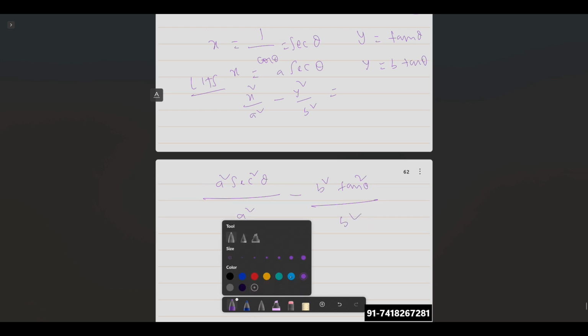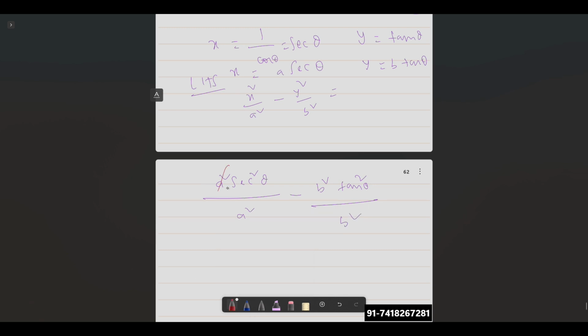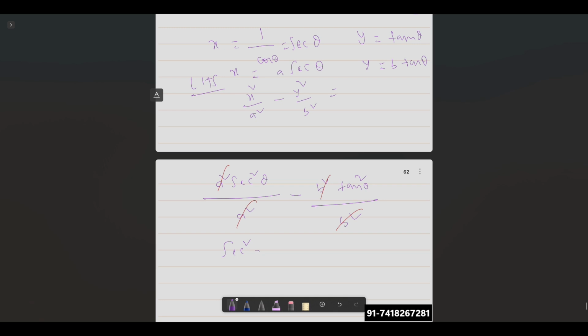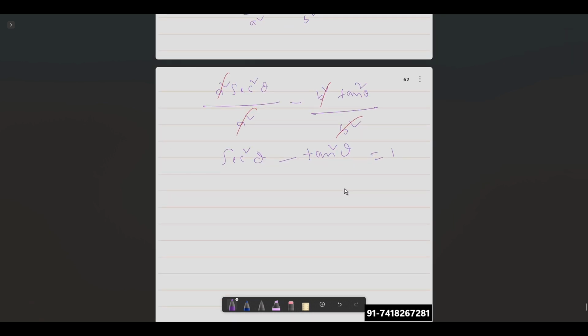So if you cancel this, a square, b square cancel, and you have secant square theta minus tan square theta. What is this? This is 1. So your LHS is 1, which is equal to RHS. So proved.